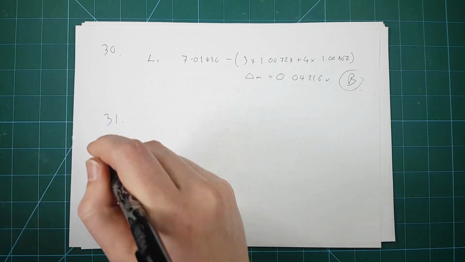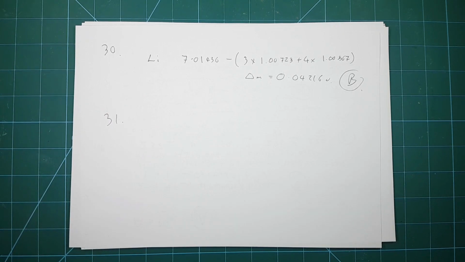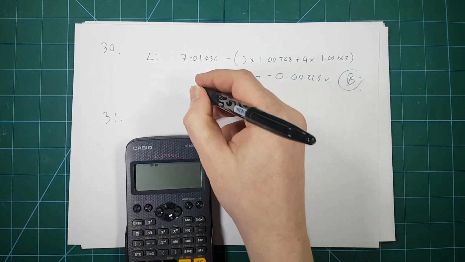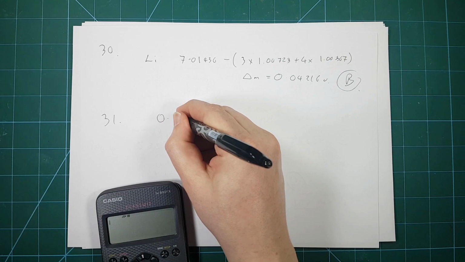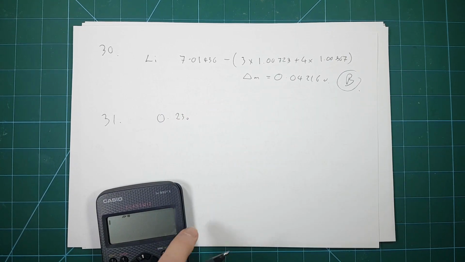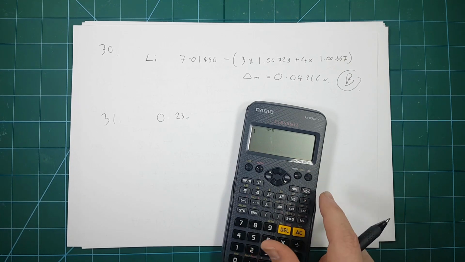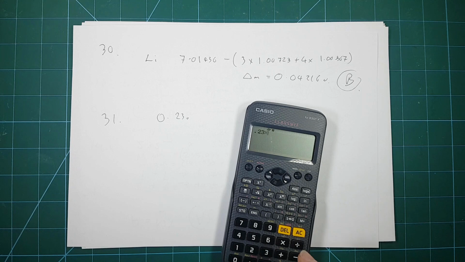Question 31. Right. So there's quite a few steps on this one. We have 0.23 U of mass lost in a single event. So we need to times by the magic 931 to turn it into mega electron volts.